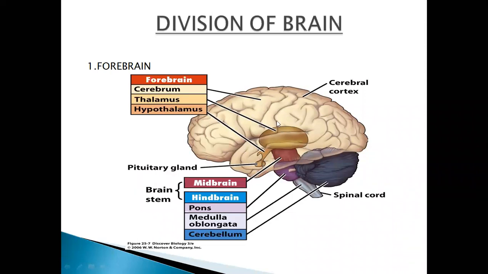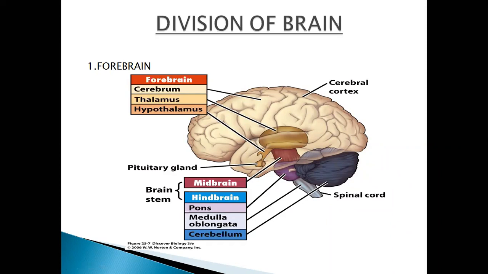Physical coordination in your body is the brain's responsibility, and chemical coordination is handled by the pituitary gland, which is controlled by this hypothalamus.